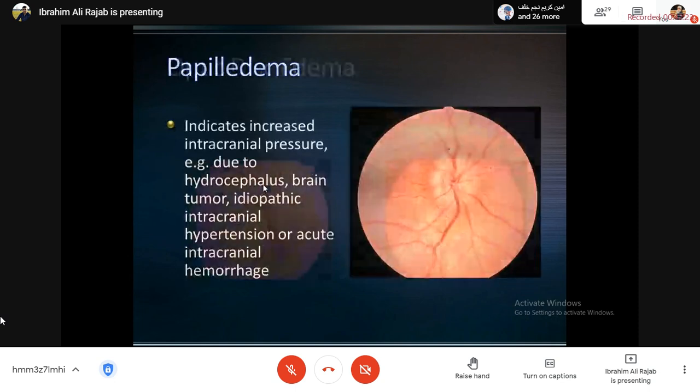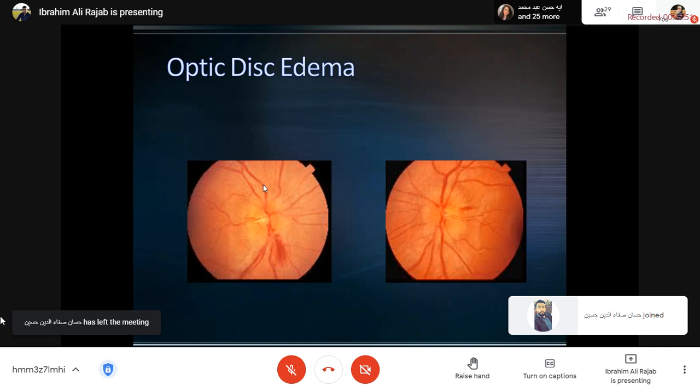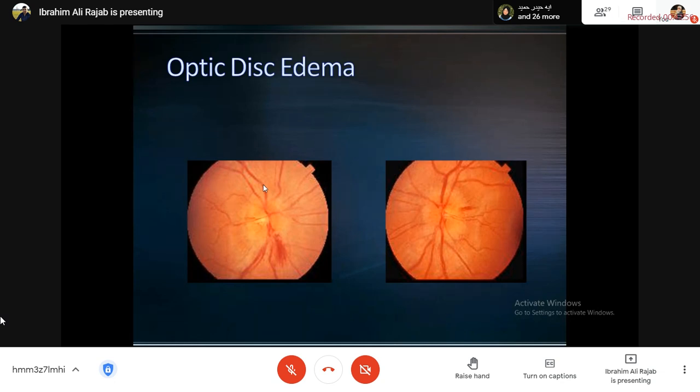The optic disc swelling is caused by many diseases. For example, it may be caused by rise of intracranial pressure. Another cause is malignant hypertension. Another cause is optic neuropathy. I mean, whether there is optic neuritis, or optic nerve ischemia, or hereditary disease, or maybe traumatic, or an infiltrative process like sarcoidosis, or maybe a tumor, and so on.